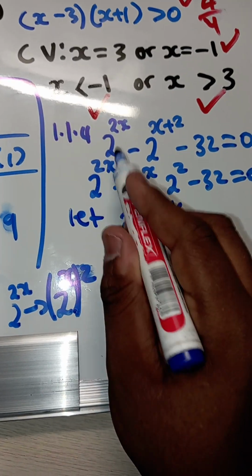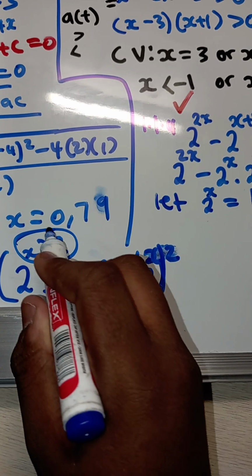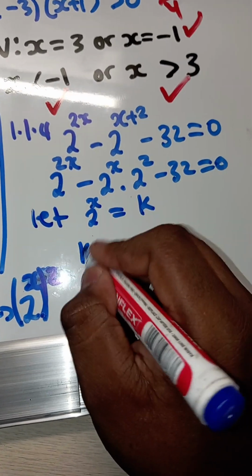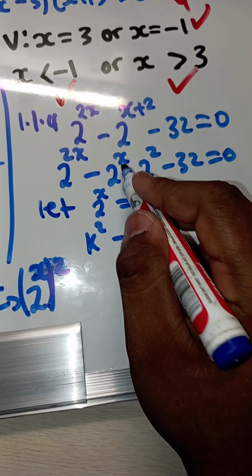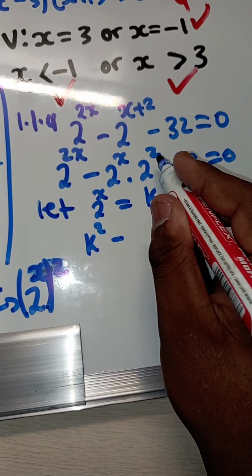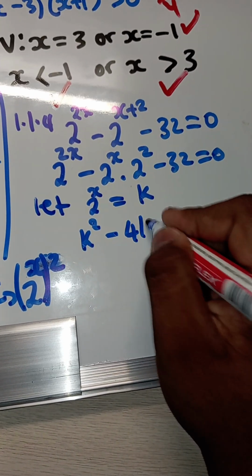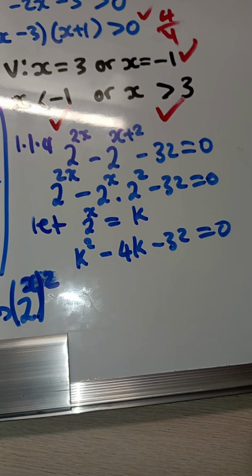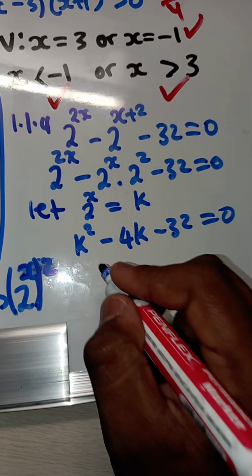So on the first term, this 2 to the power of x represents k, but it is going to be squared. So this means that I have k squared minus 2 to the power of x is k, and 2 to the power of 2 is what? 4. So it is 4k minus 32 equals 0. Can you see what I'm talking about? Then now I just factorize.